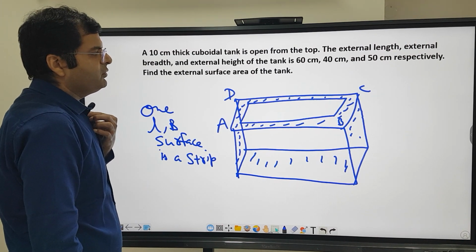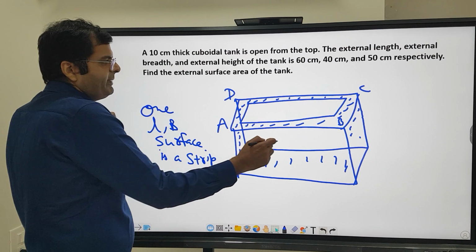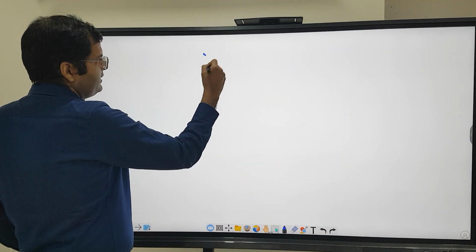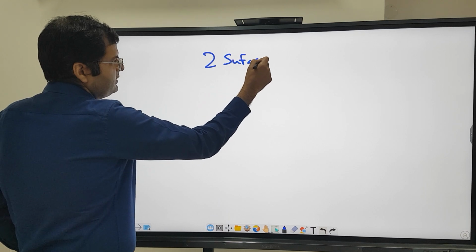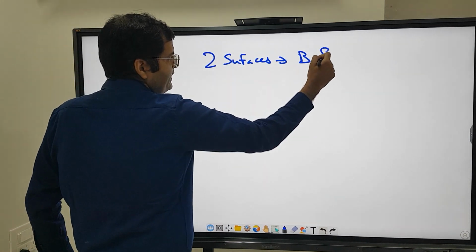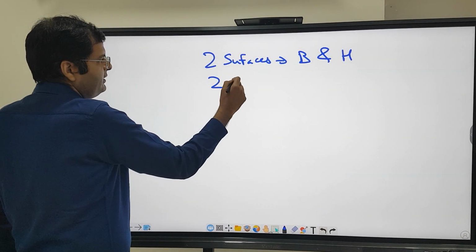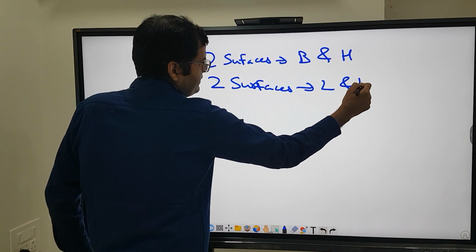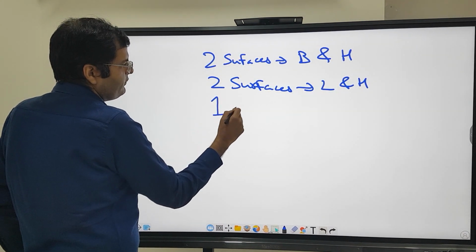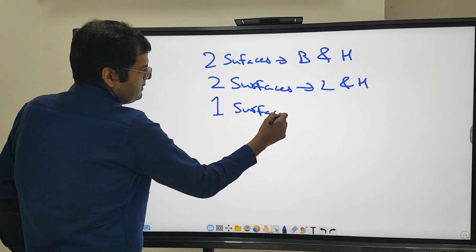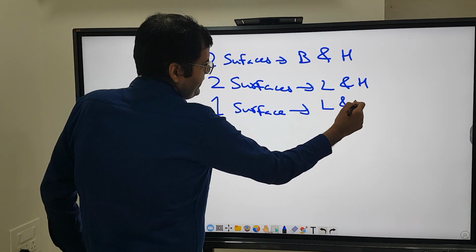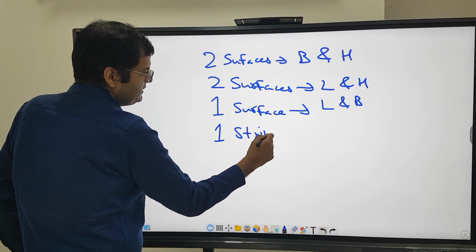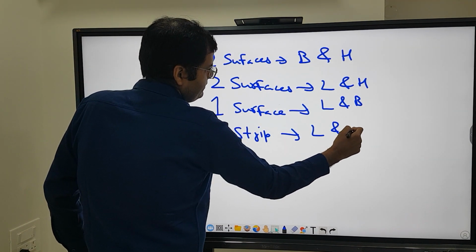So now to find the answer, there are 2 surfaces of breadth and height in the cuboid. Then there are 2 surfaces of length and height. 1 full surface of length and breadth, but 1 strip of length and breadth surface.